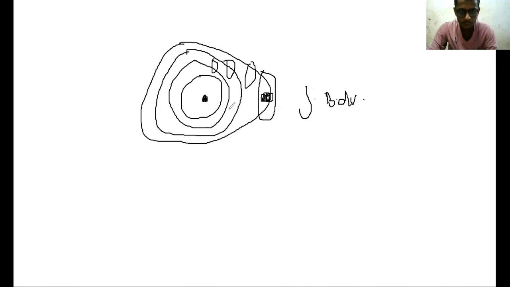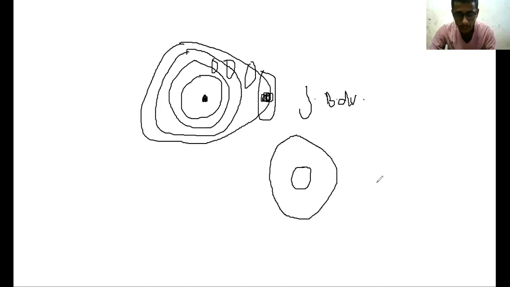So what we're going to do is draw something. Let me draw it clearly. This is a new sun, and I'm going to draw just one orbit around it. And we look at this rock, and we're going to draw a ring something like this, this, this, and finally this.